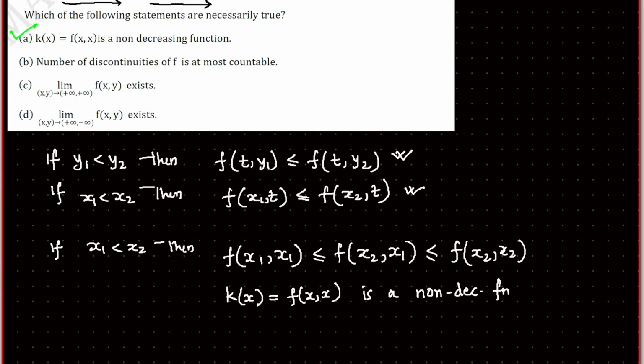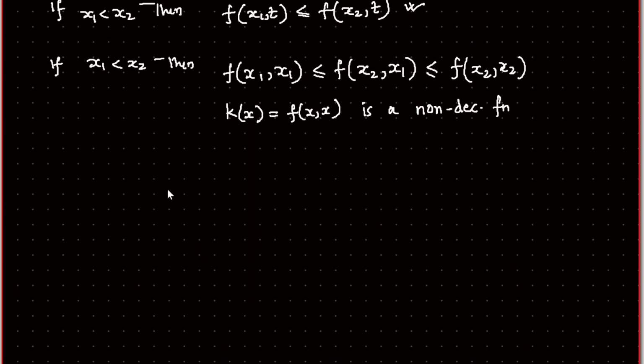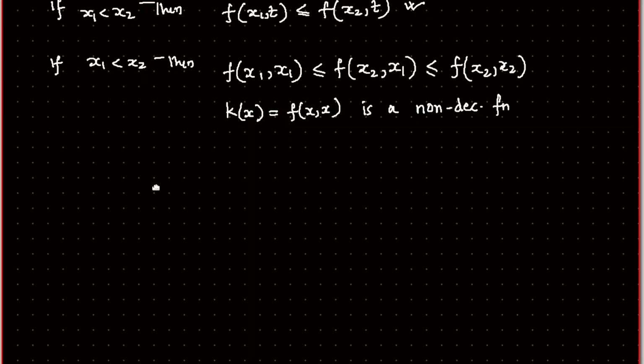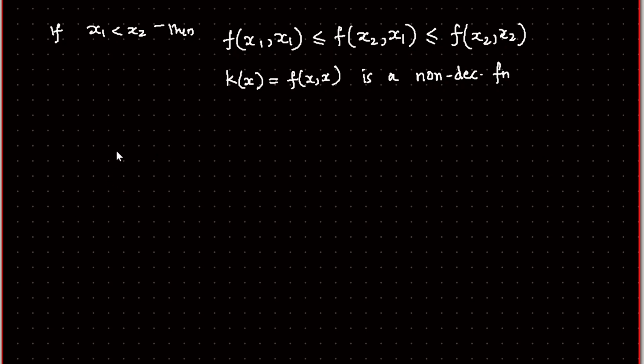Then it says the number of discontinuities of f is at most countable, right? This is true only for single variable functions. It does not hold in the multivariable case. Observe that if you look at this function, take f of x comma y equals 1 if x is greater than or equal to 0, and 0 if x is less than 0, right?